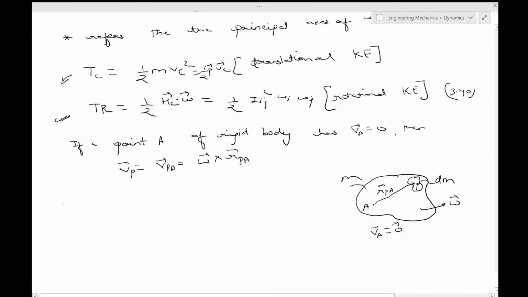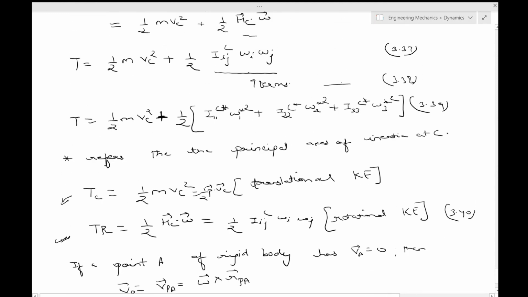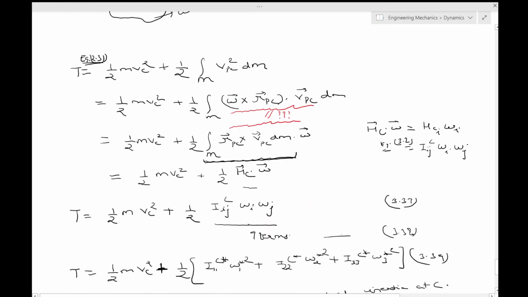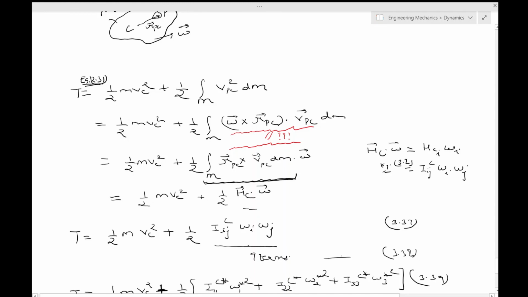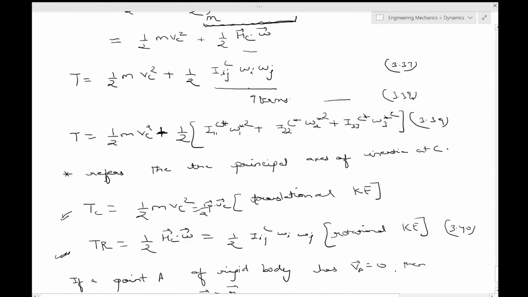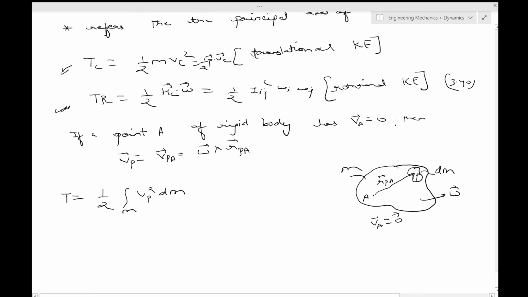In this case, T will be equal to half integral over m of v_P square dm. Okay, the reason is that we can write this as omega dot r_PA cross v_PA.